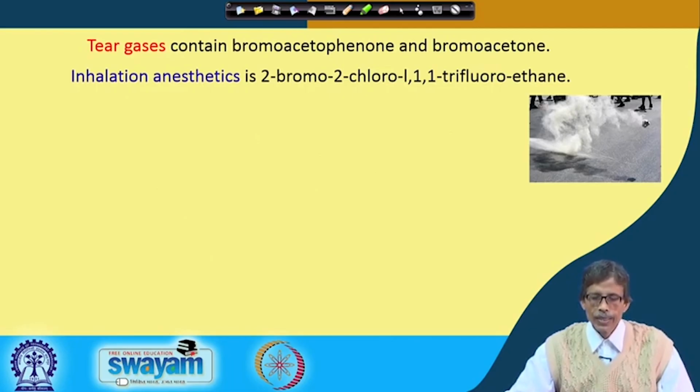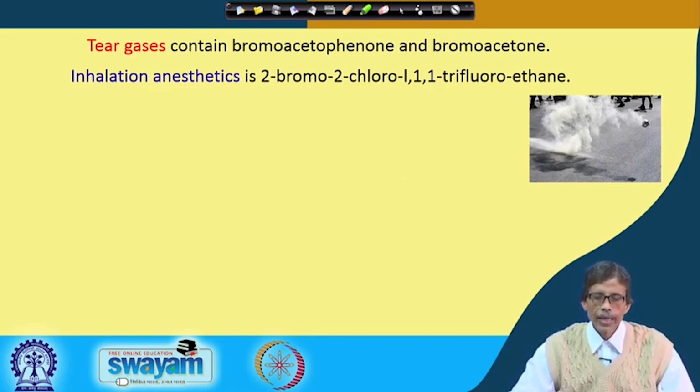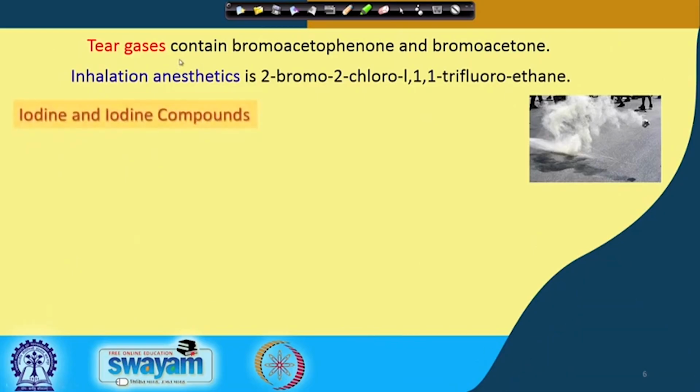So, you have fluorination, chlorination, and further at the end, if possible, bromination. This complicated molecule is again possible to make, as an inhalation anesthetic molecule, through the introduction of bromine. Next, the next class will continue with the third of the elements.